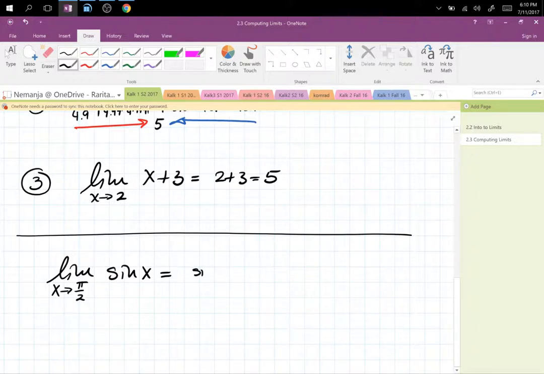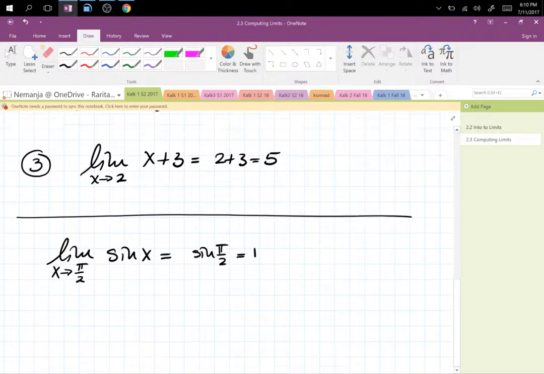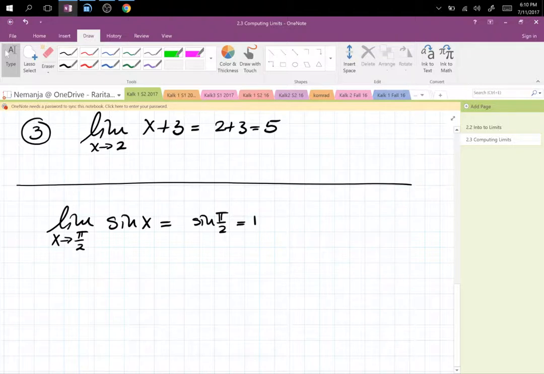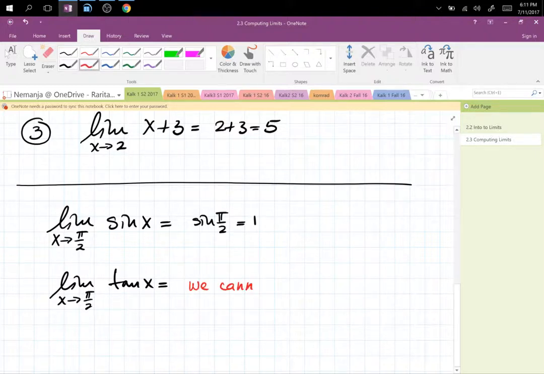Therefore, you can just compute this and you will get 1. The one that you can't do this for is the tangent, because tangent x has a vertical asymptote at pi over 2. In this case, we cannot plug in.